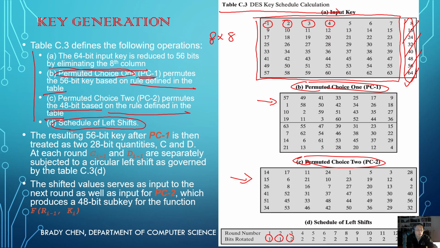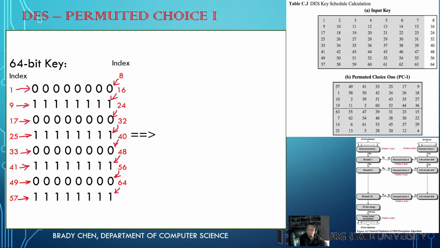So let's take a look. Okay, let's look at the right side of DES, which is the key generation. As we mentioned earlier, the input key is 64-bit. Here's the 64-bit key, which is an 8 by 8 matrix.